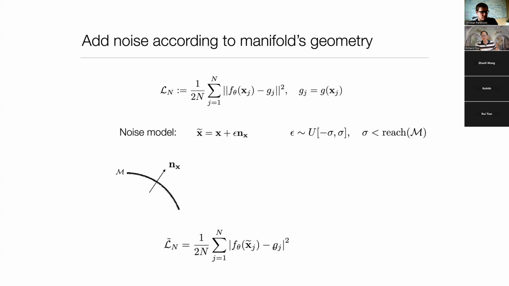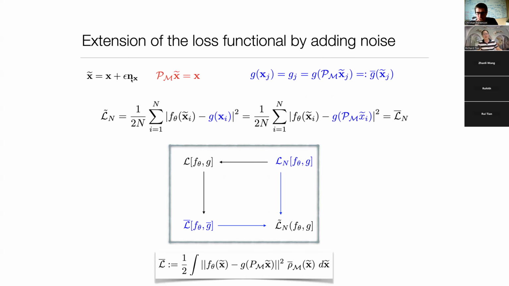The label is unchanged. So what can we say about this? Well, the first thing is that if I denote by P sub m the projection of this perturbed data point x tilde back to the manifold, some kind of L2 projection or closest point projection, then suppose I have clean coordinates xj, and evaluate the label at this clean coordinate, it's called g sub j.